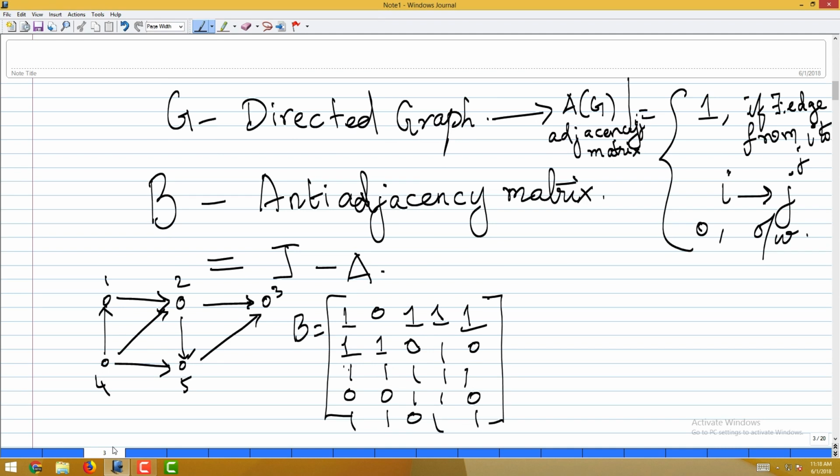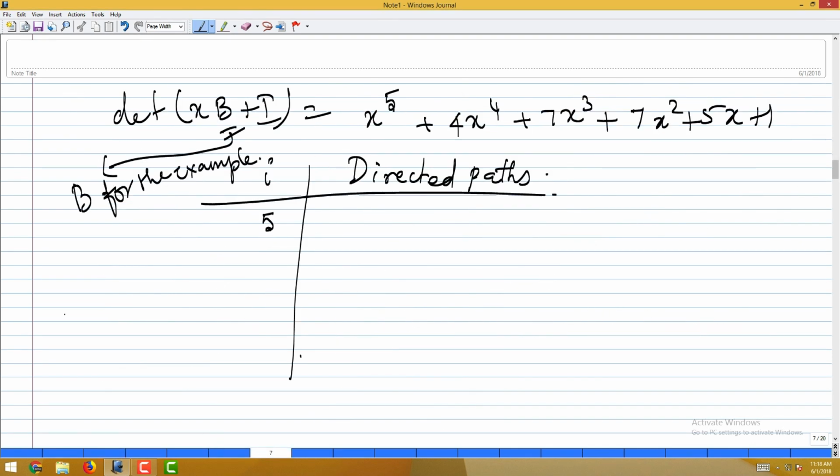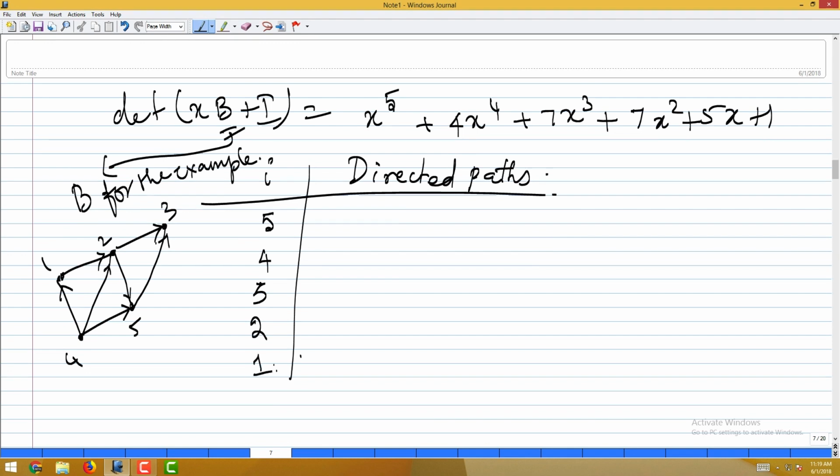I think I have to copy this over here, or I will redraw it, it is not a problem. So, we are talking about this graph with directions: 1 to 2, 4 to 1, 4 to 5, right. Now can you give me directed paths that will fit into all these categories?